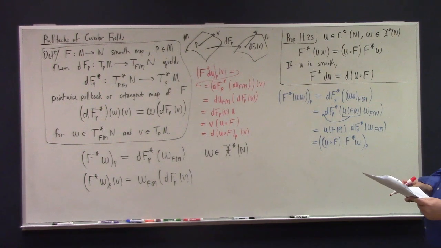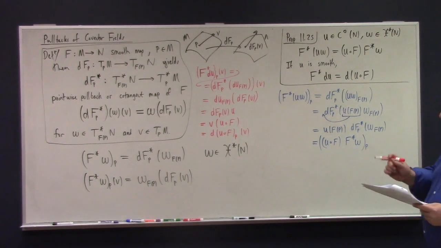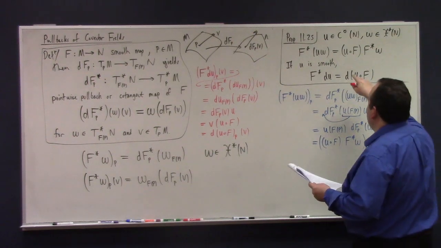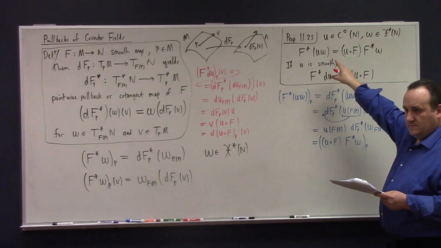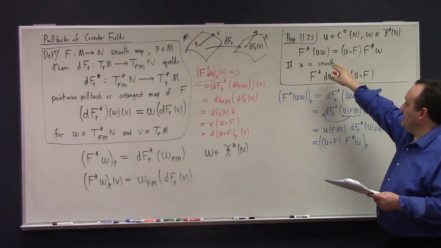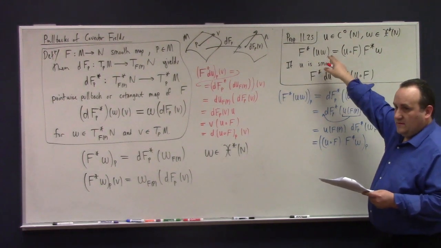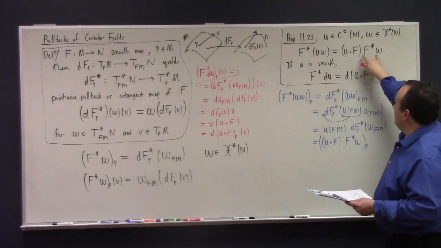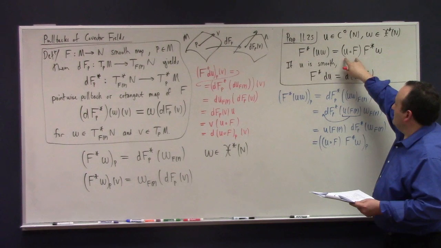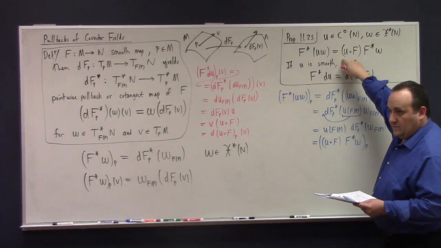Let's take a second to take stock of what this is saying. This is saying that when you're pulling back a function times a covector field, the way it works is you pull back the covector field and you simply take the function and compose it with the function you're pulling back.